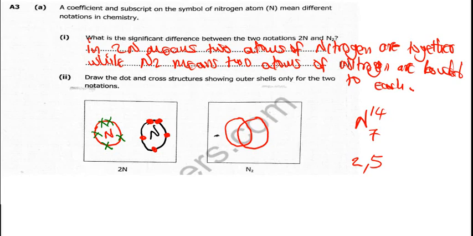So this one will bring 1 electron, the other one will also bring 1 electron, the other one will bring another one. Okay, let me draw something big.